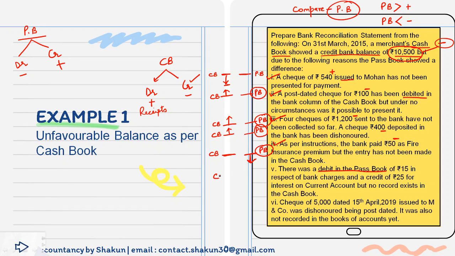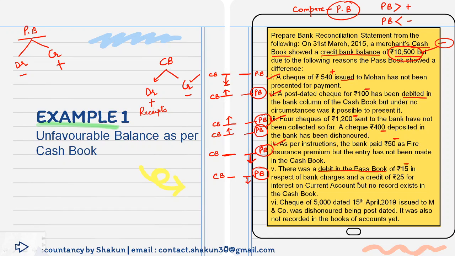That means the passbook people have deducted rupees 15 on account of bank charges. Means my passbook is decreased by rupees 15, but obviously it has not been recorded in the cash book. Passbook is lesser than the cash book, so this 15 will be minus.